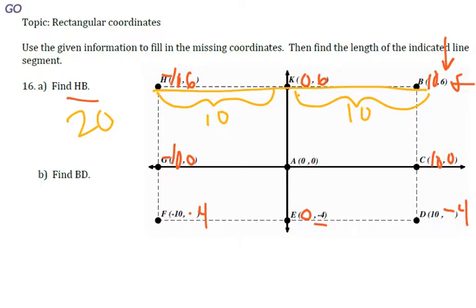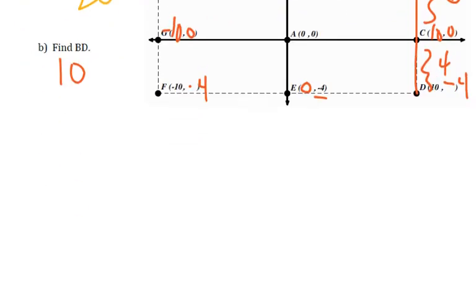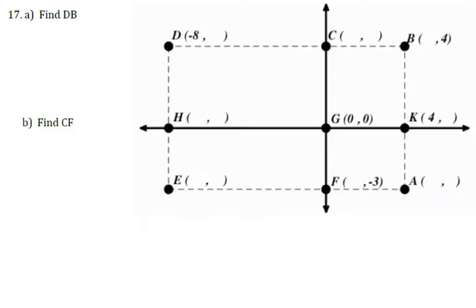Now BD would be here. This distance we know is 6 because the y value is 6. This one goes down 4, so 4 and 6 make 10 for the distance. Okay, this one's same idea. These would all be negative 8s.